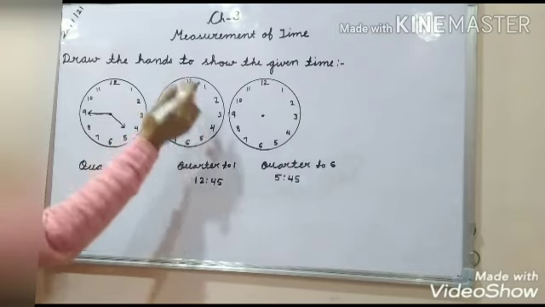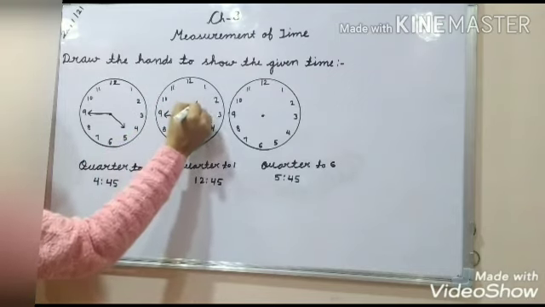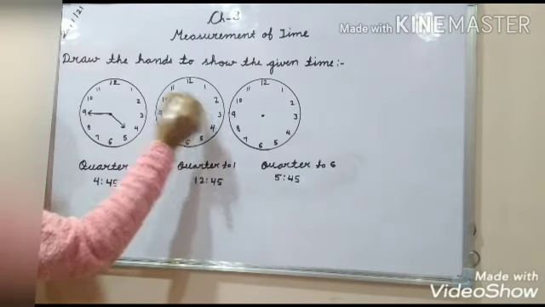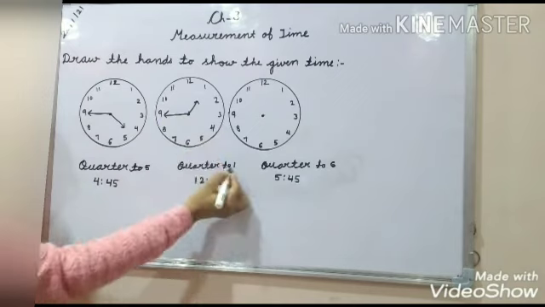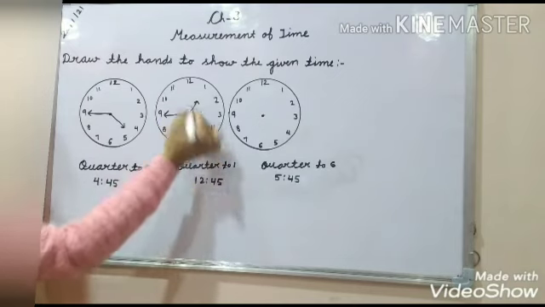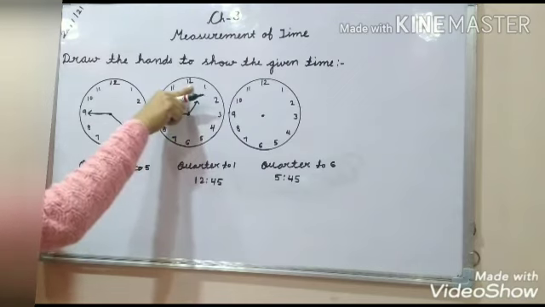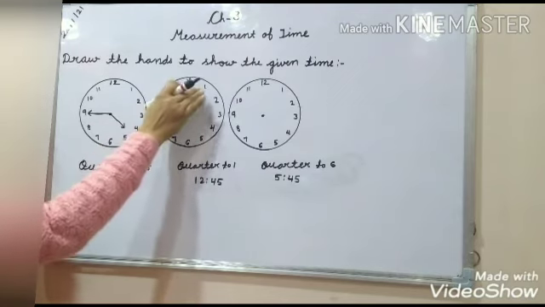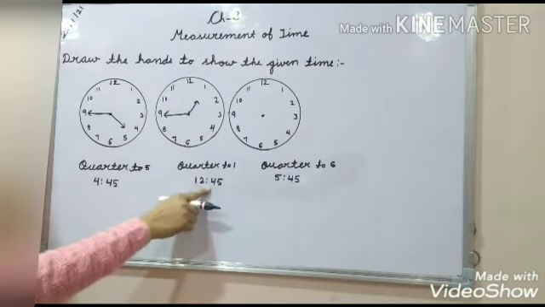That is 12. So we will make the shorter hand nearer to 1. Okay. Now this clock is showing the time, that is quarter to 1 or 12:45. When it is written, we will consider the number that the shorter hand has already left, 12:45.